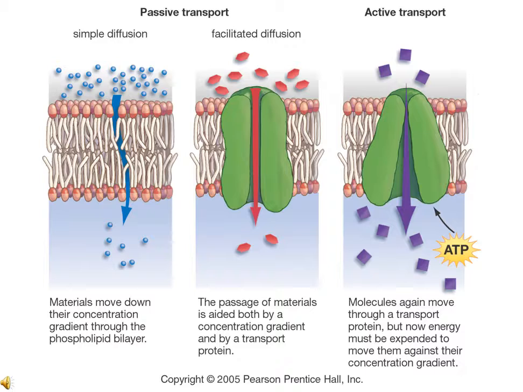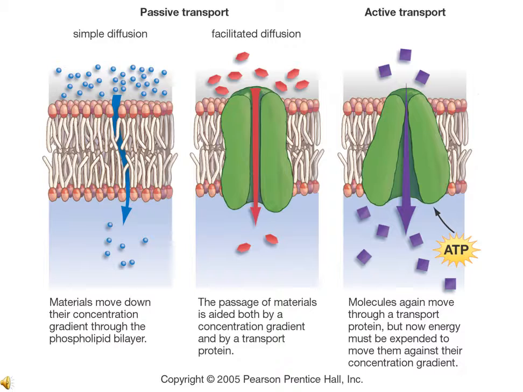In another example to the right, you see facilitated diffusion, which is also passive transport. But in this case, the little red molecules cannot get through the membrane on their own. Yes, they're highly concentrated on one side and at low concentration on the other side.